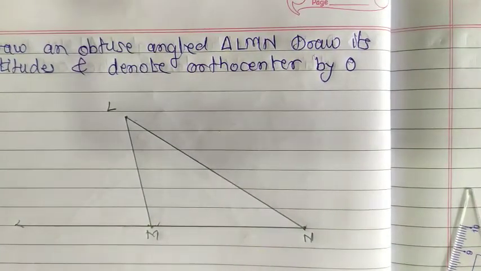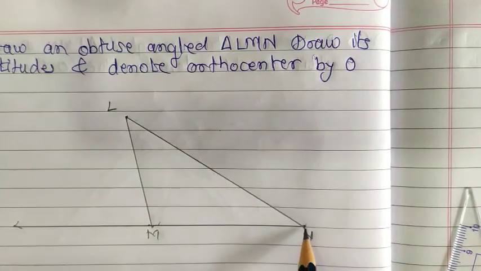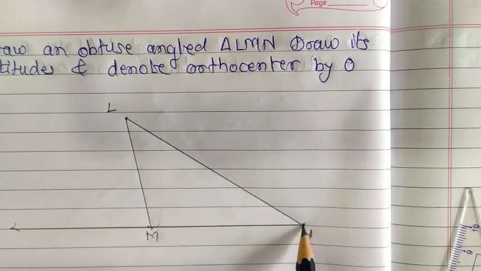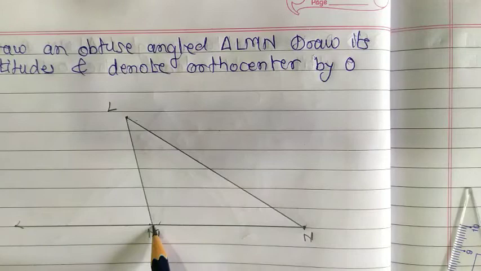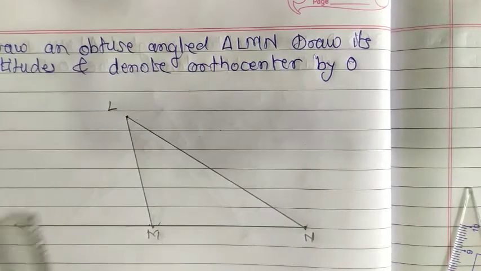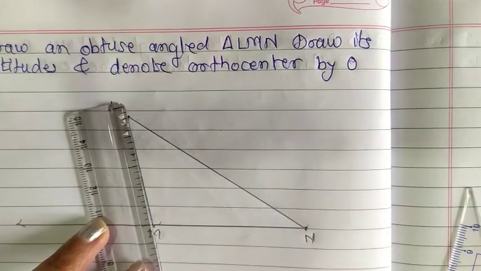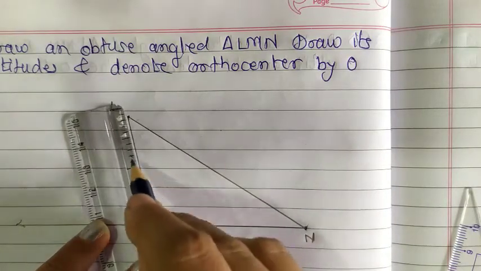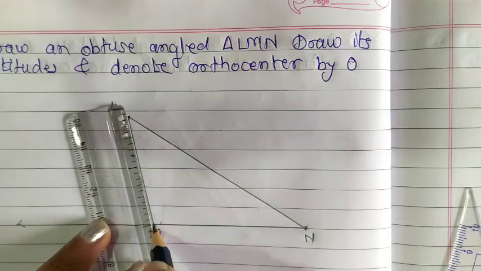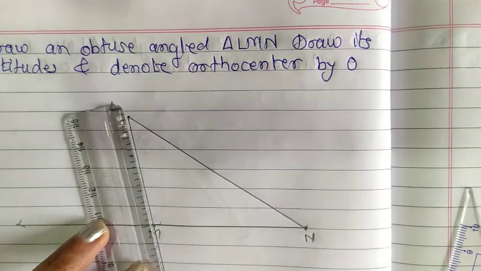And also, when we draw the altitude for this endpoint, the base is LM. Hence we also extend the line LM for drawing the altitudes. And then we draw the altitudes.